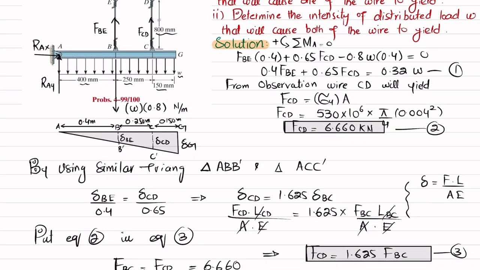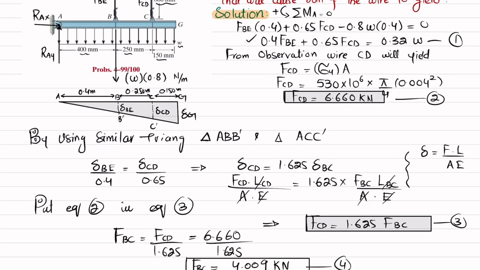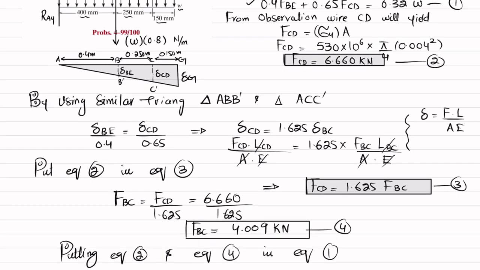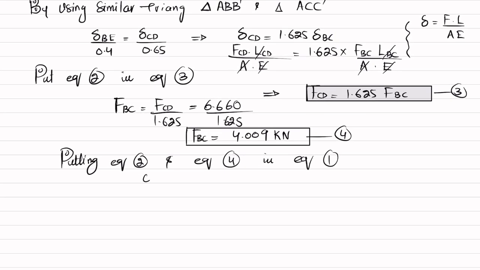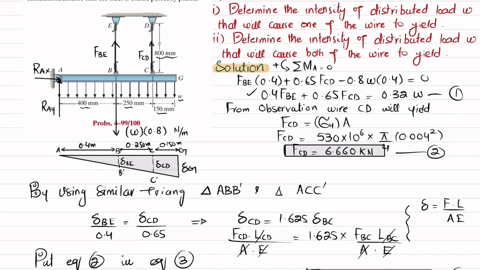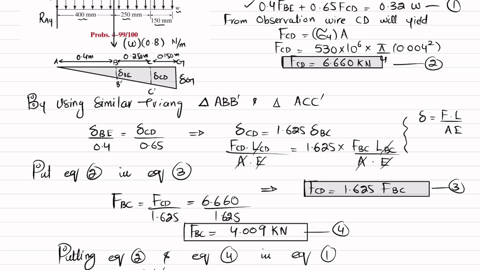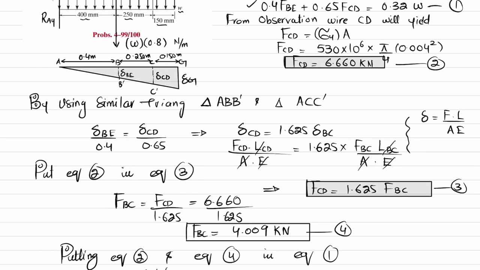Now put the values from equations 2 and 4 in equation number 1. This is your equation number 1. So we put it like this: 0.4 times FBE, so this is BE.